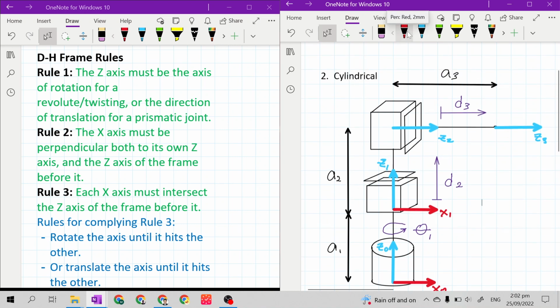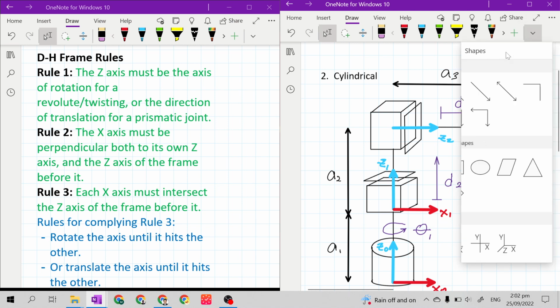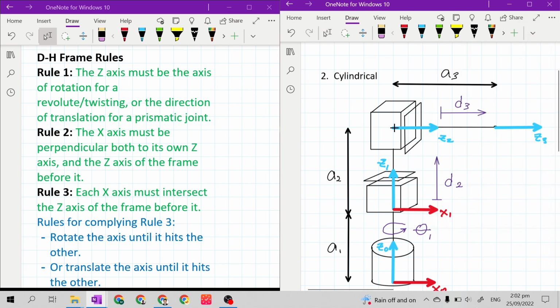Next, for our x sub 2, let's go to the origin. We will look at the z-axis at x sub 2's own frame, which is z sub 2, and the z-axis before it.